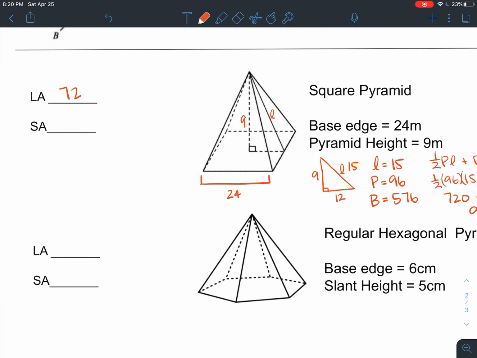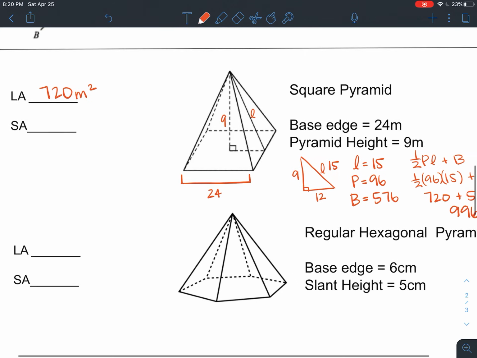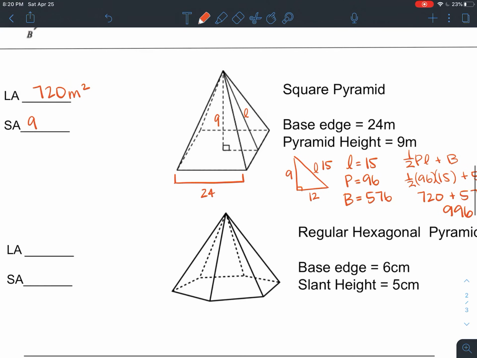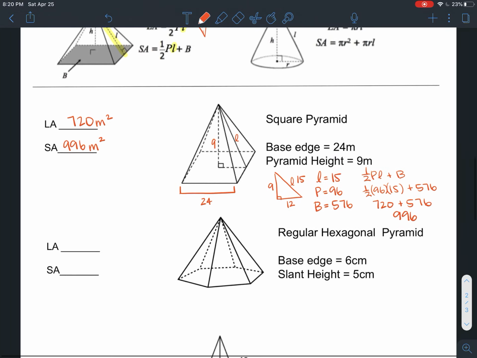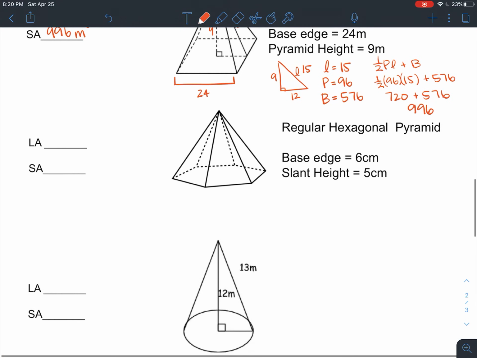So my lateral area is 720 meters squared, and my total surface area is 996 meters squared. It's going to be super important that you keep track of the things that you need. In this case, you need the slant height, you need the area of the base, and the perimeter of the base.